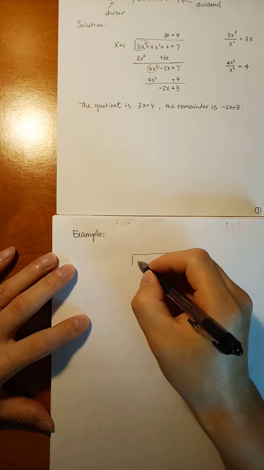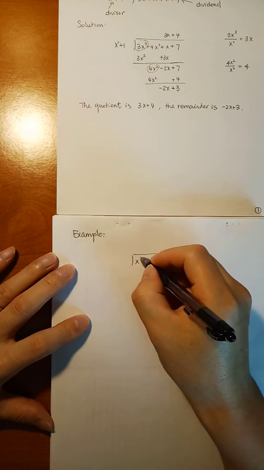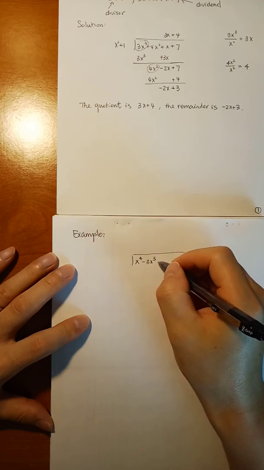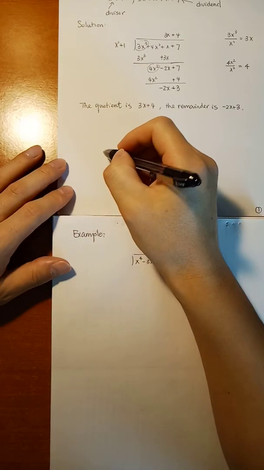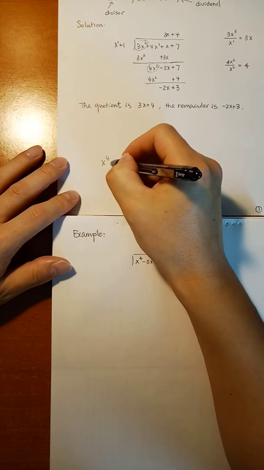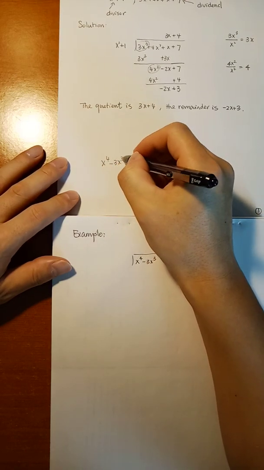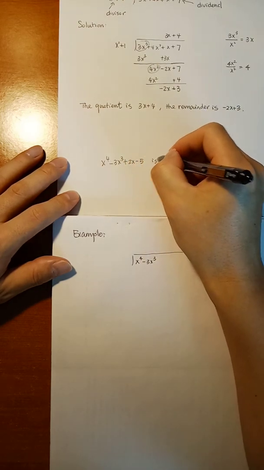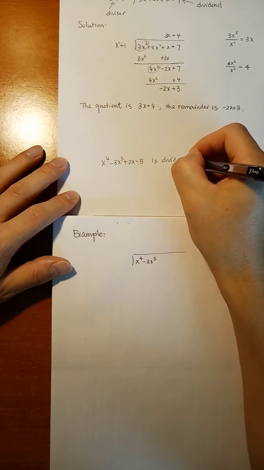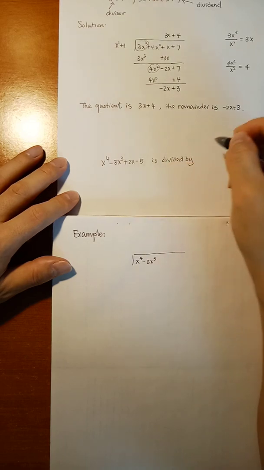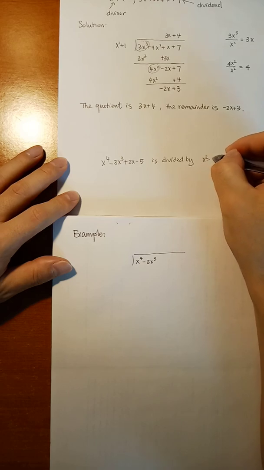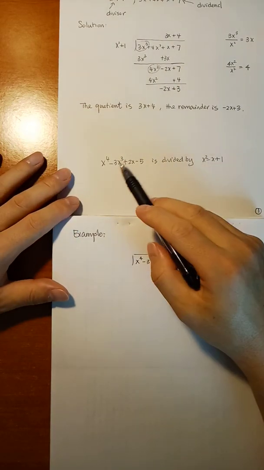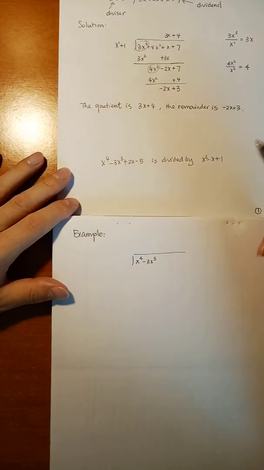This time, the dividend is x to the 4 minus 3x cubed, and okay, so two polynomials. Let me write it here. We have this pair. This first polynomial is divided by the second one.